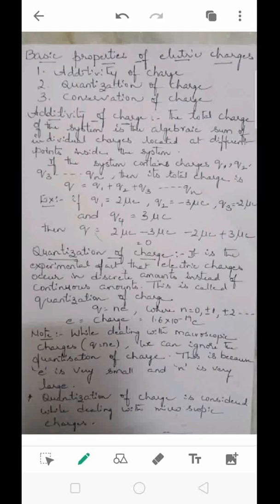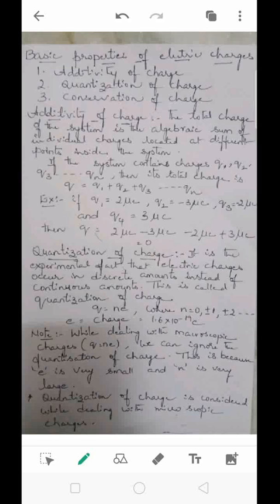Let us take an example here. If Q1 = 2 microcoulombs, Q2 = -3 microcoulombs, Q3 = -2 microcoulombs and Q4 = +3 microcoulombs, then what is the total charge? Now there are 4 charges in a body.